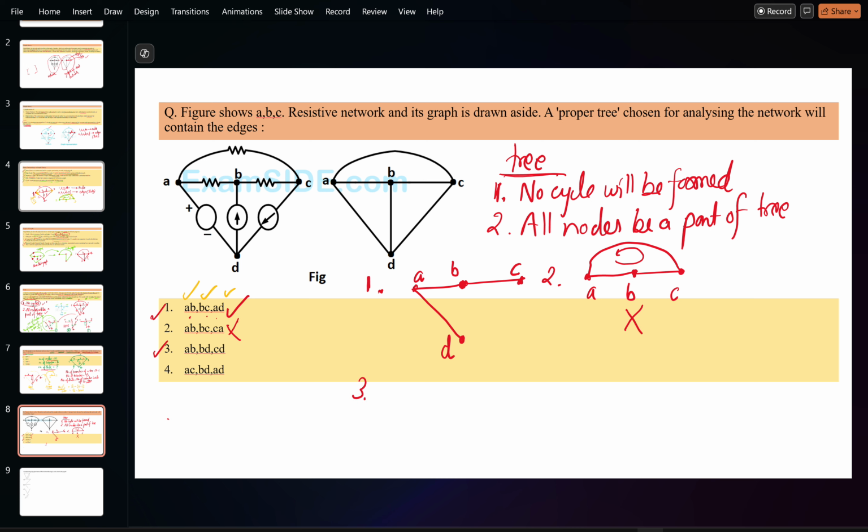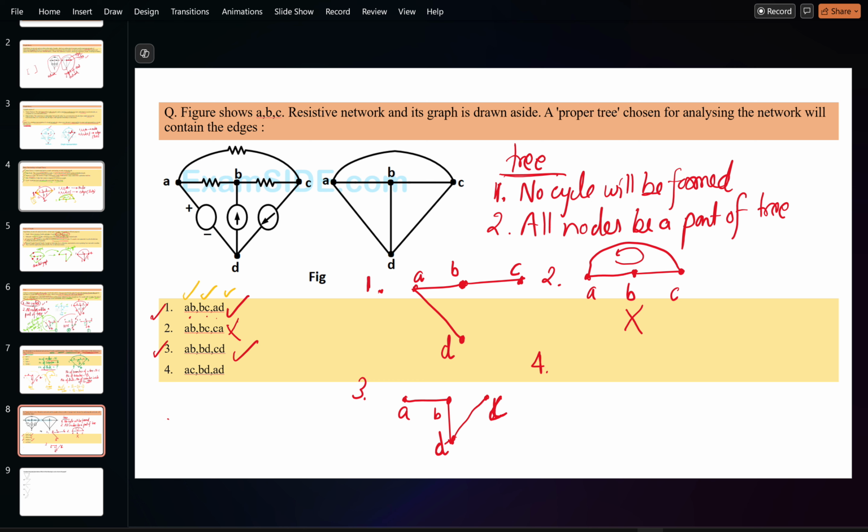So let's see option 3. Option 3 is AB, BD and CD. If you see it like this, CD will be like this. So this is A, B, C and D. Oh, sorry, this is C and this is D. AB, BD and CD. So this is a tree basically, because there is no cyclic formation and all nodes are part of it. So the third option is correct.